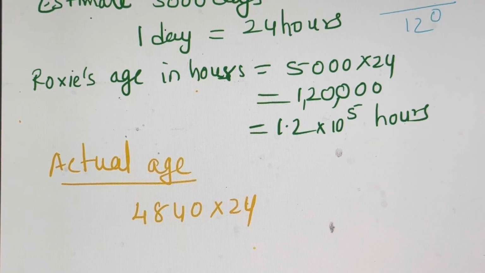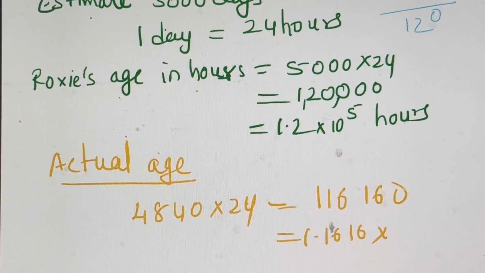Okay, so when we multiply 4840 by 24, we get the number 116,160. Now if we write this in scientific notation, we can write 1.1616 into, again there are 5 digits, so 10 raised to 5. Or you can just write 1.1 into 10 raised to 5. So these are the two ways of writing. One is an estimated age in hours and the other is an actual age in hours.